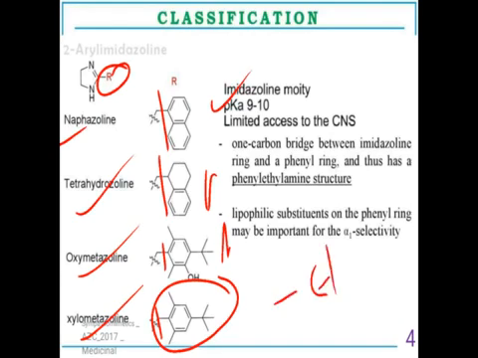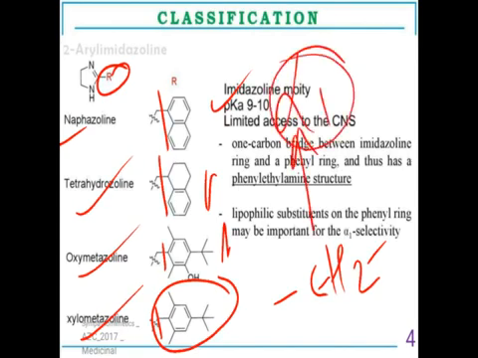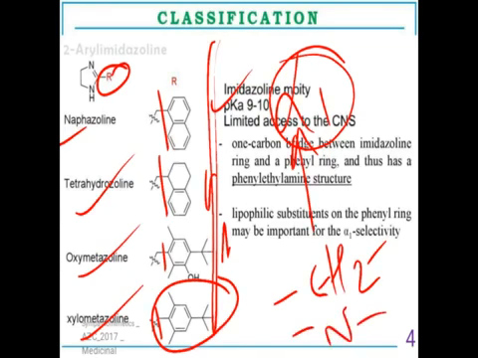It is the bridging unit. If you find the bridging unit as a CH2 group, it becomes an alpha-1 agonist. If it is a nitrogen, that is an amine, it becomes alpha-2. But all these structures have CH2 in their structure, so they become alpha-1 agonists rather than alpha-2 agonists.